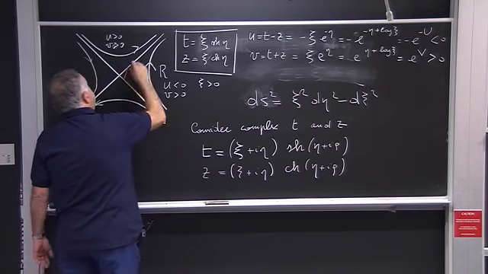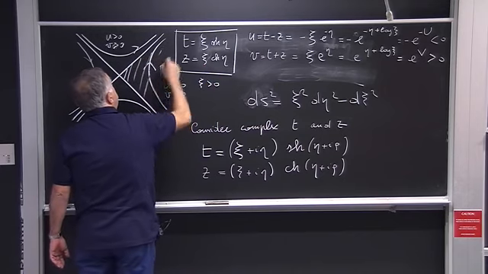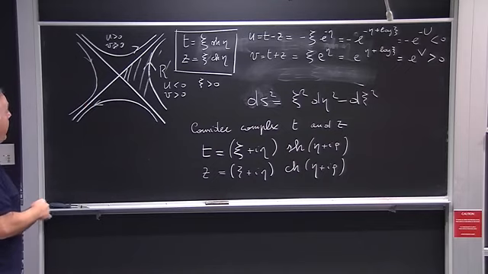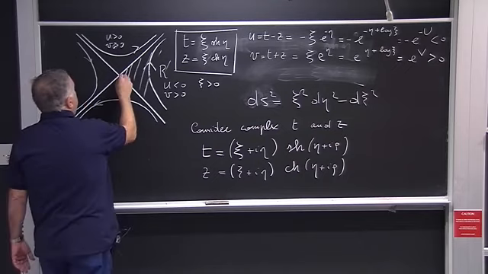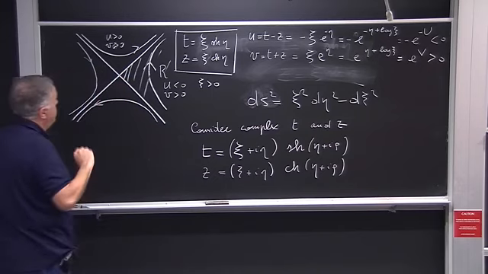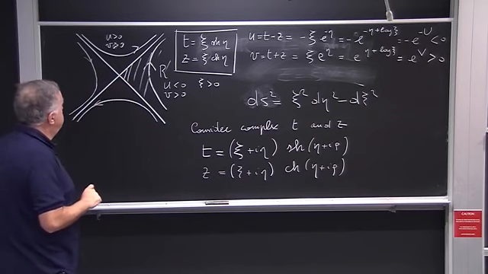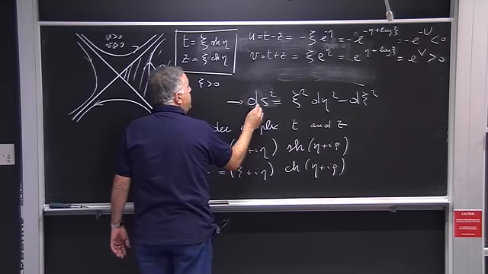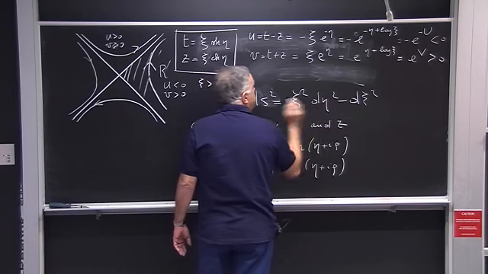And they cover, at the beginning, only this region of the Minkowski plane. Of course, you think also of x and y variables coming out of the blackboard, so that the Minkowski geometry has this form.